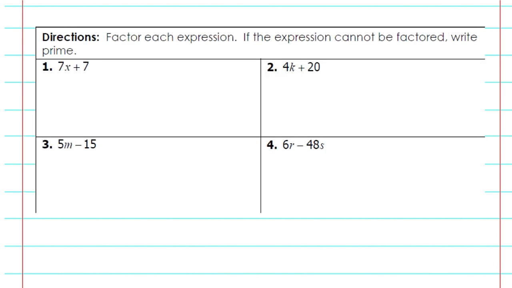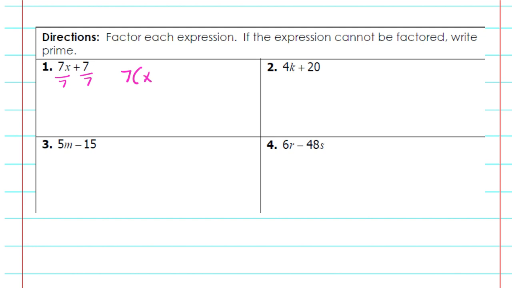So let's look at some examples. We have 7x plus 7. Looking at those, I can divide both of them by 7. If I divide 7x by 7, I am left with x.